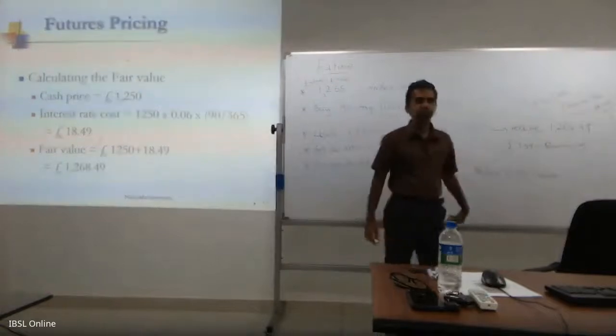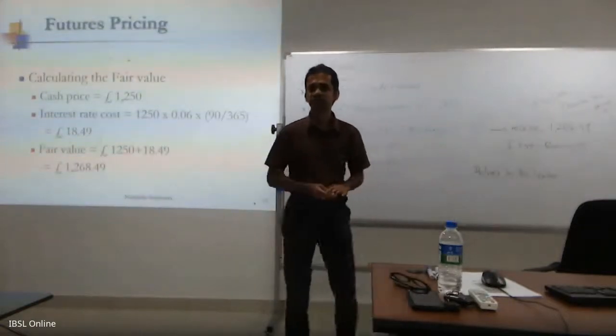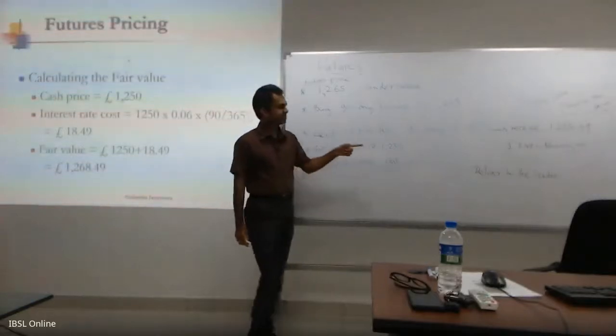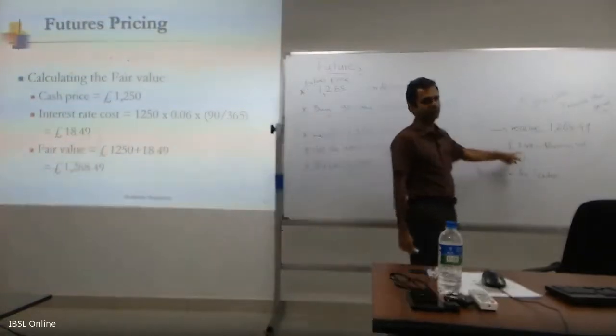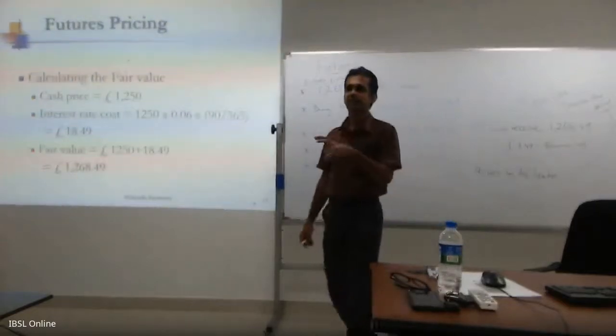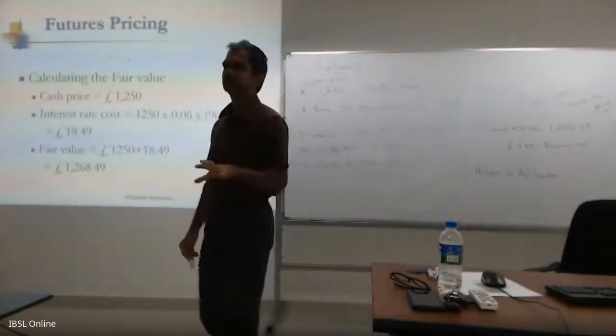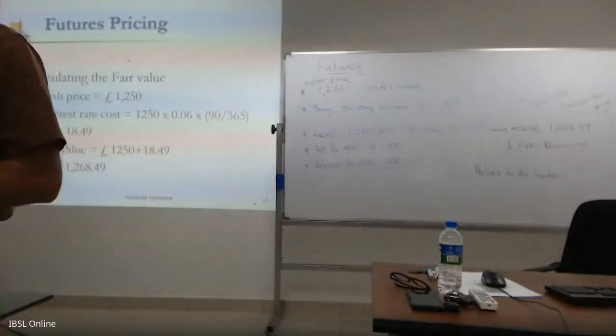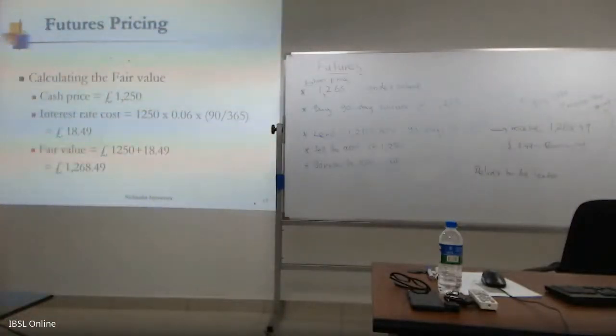So you should make sure the borrowing cost is less than 3.49 for the 90-day period. If it is higher than that, you cannot. Then again, there's no reason other than counterparty risk in some.